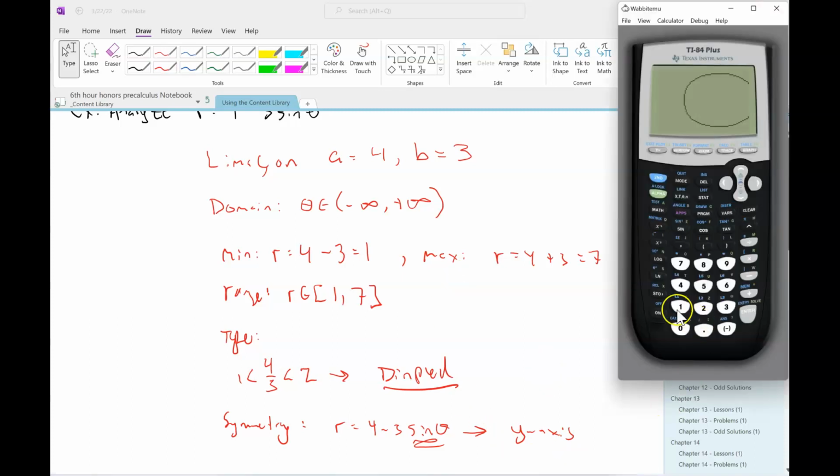If you wanted to, you could take a peep at the picture here to see if it matches up with everything we wrote down. We'll make our window a little bit lower there. That ought to capture it. Yep. So there's my dimple right there. Still kind of looks like a butt.